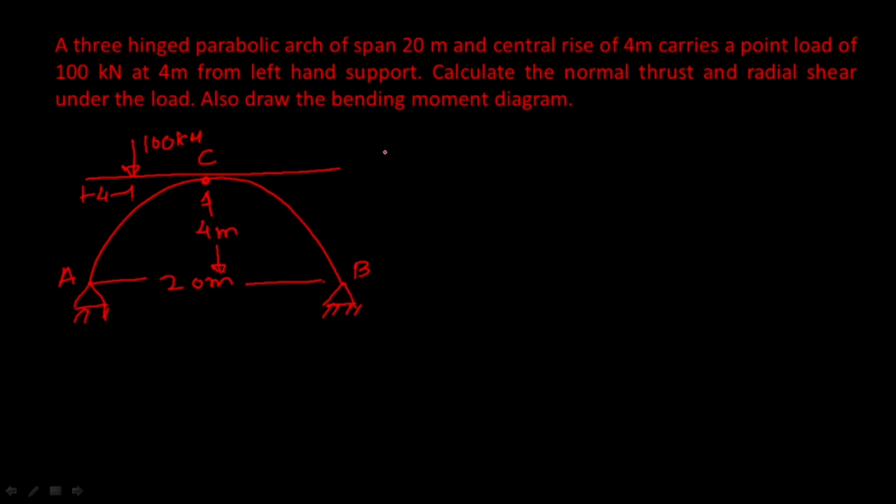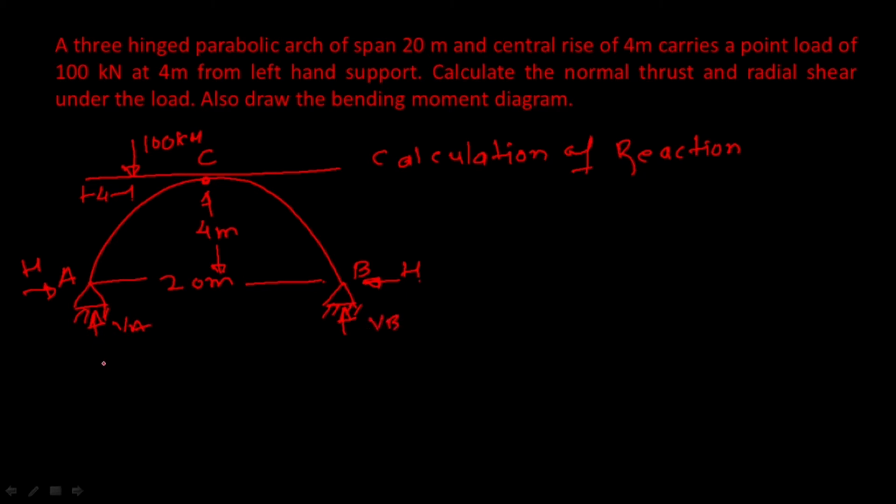The first step is the calculation of reactions. Now for the calculation of reactions, we find the vertical reactions at A and at B. Also we have to find the horizontal reaction at A, that is H, and also at B is H. This reaction is VA and this reaction is VB.